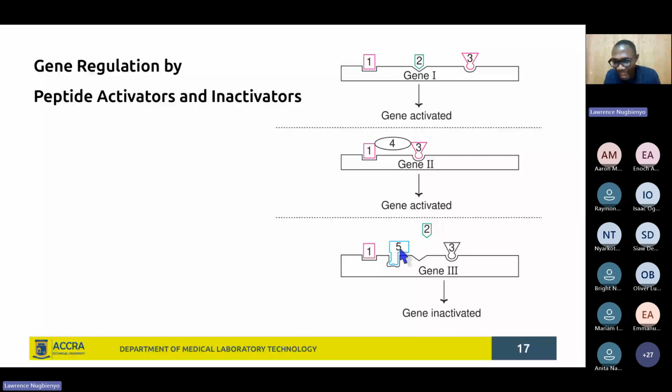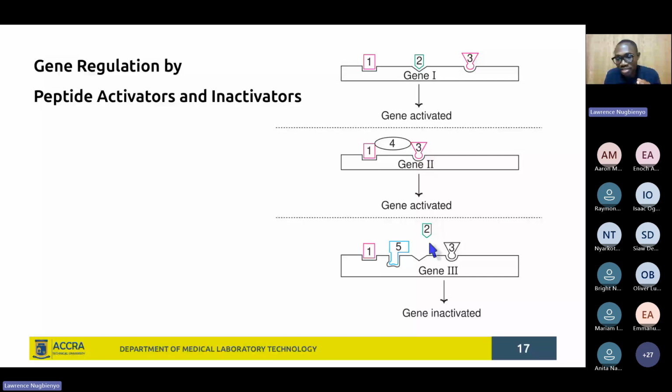When it binds on the gene, it prevents protein number 2 from binding. It's like that is an inhibitor. It makes the gene inactive. Once it binds, it inhibits protein number 2 from coming to bind onto it.